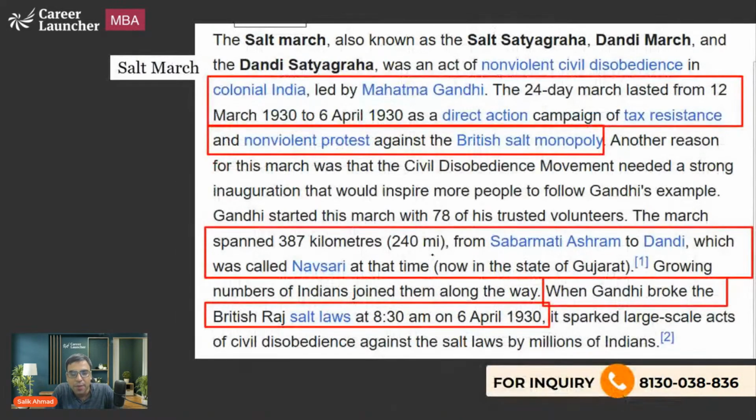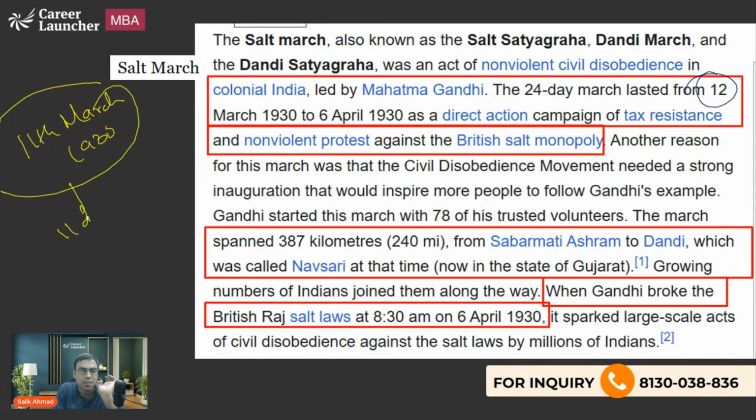You can see, he started on 12th March because he had told the Viceroy that by 11th March you have to accept the 11 demands. Gandhiji had said that before 11th March 1930, you have to accept those 11 demands. But the Viceroy did not listen to it, and that is why Gandhiji on 12th March 1930 started a new movement, which by 6th April 1930 he actually reached by walk.